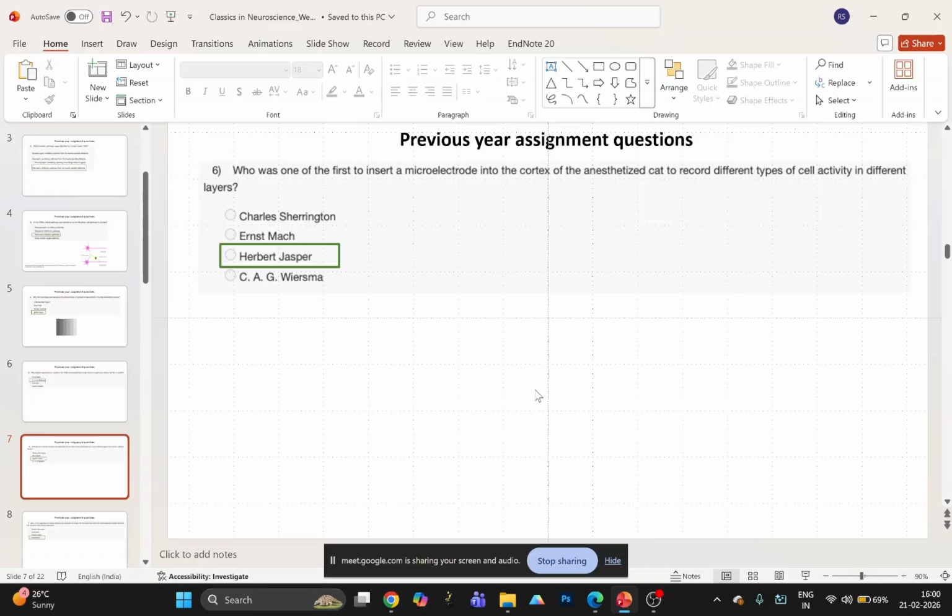The cortex is a multi-layered region, and he tried to record the activity of cells in each of the layers.